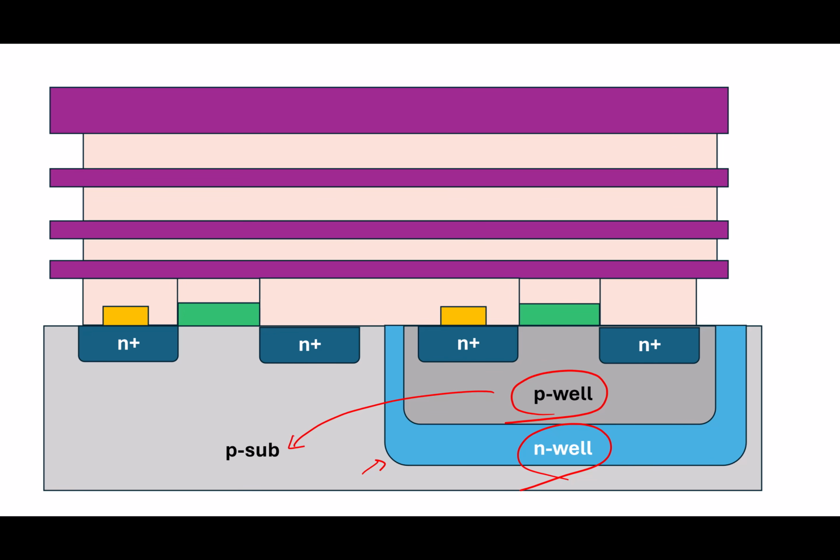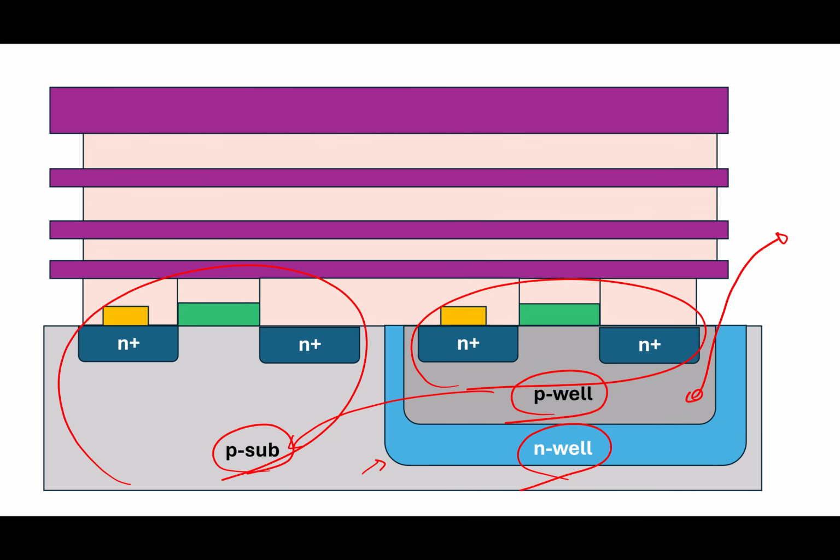So this can now be connected to any potential you want, because it is now only local to this transistor, whereas this P substrate is common to all the other transistors that you will be making here. This is called the deep N well process. It's costlier, and not all technologies might have this option.